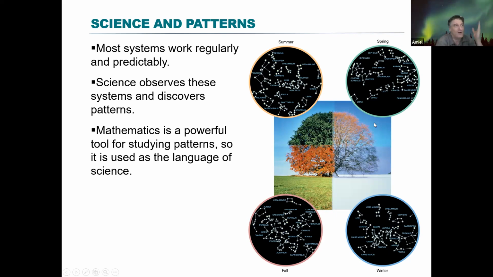There's a pattern there that every winter you see Gemini toward the center, but it isn't there in the other seasons in the same spot. That's the pattern, how the constellations change with the seasons. So we see these patterns all the time. Of course, we understand this now.